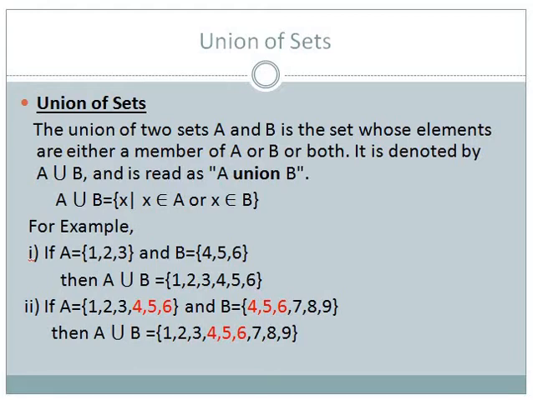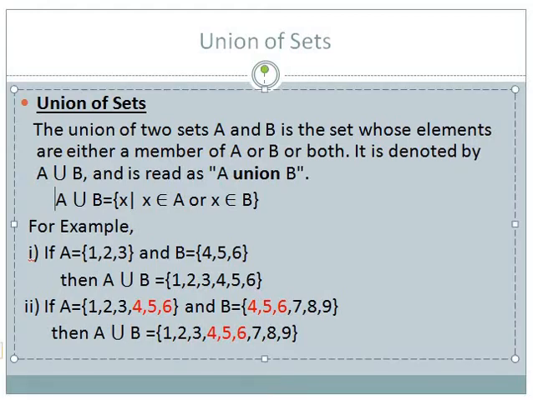It is denoted by the symbol A ∪ B and is read as A union B. In set representation, A ∪ B is all x such that x belongs to A or x belongs to B, either or, then they will be members of the set A ∪ B.